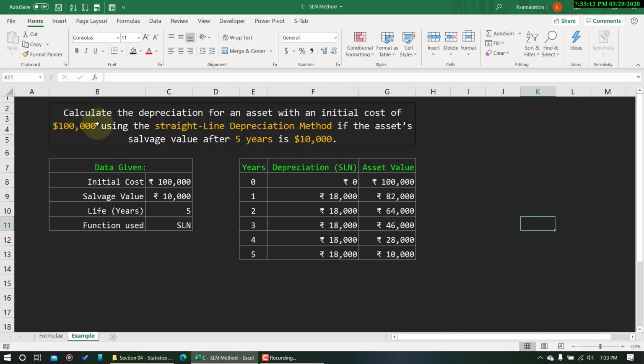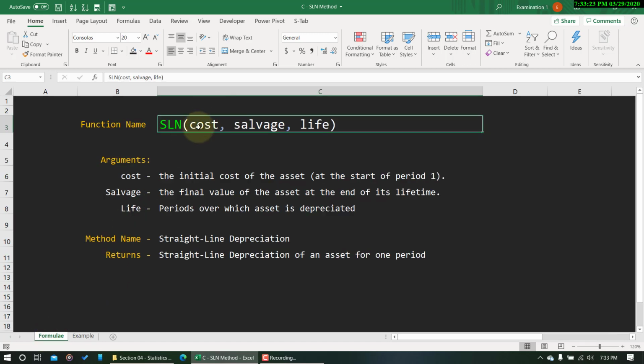So there are three things: initial cost, which is 100,000, the salvage value 10,000, and the life of that asset, that is 5 years. These are the exact three parameters that we are going to require for a straight line depreciation calculation. The name of the function is SLN, and what it returns is the amount of depreciation for one period.